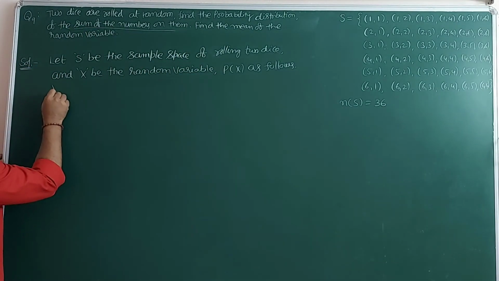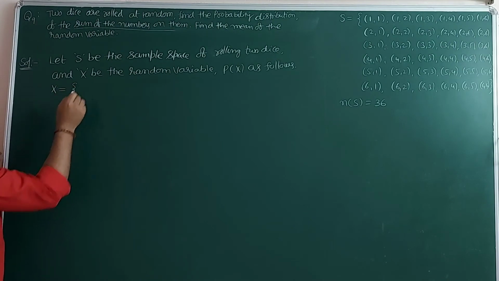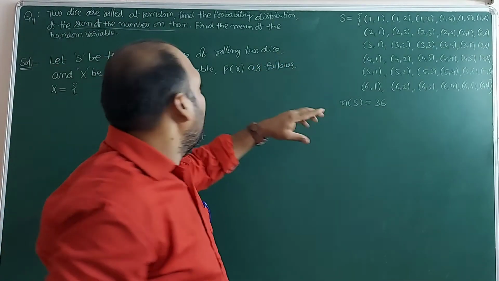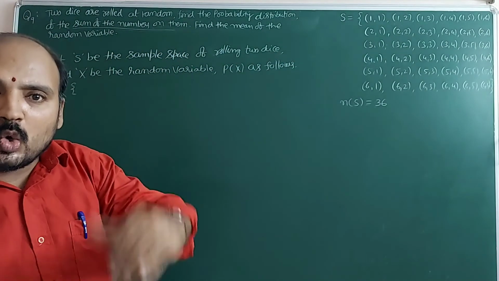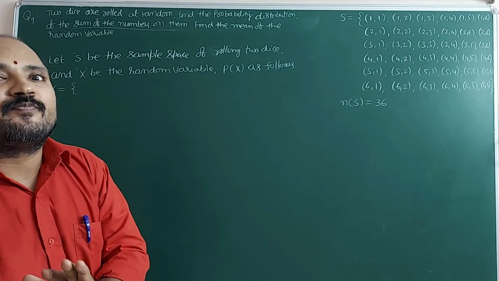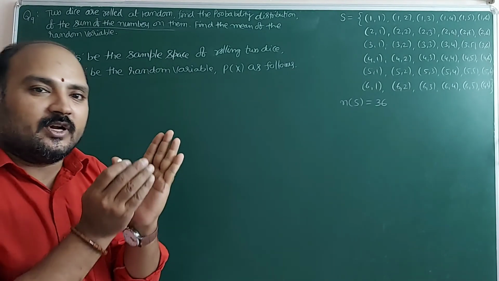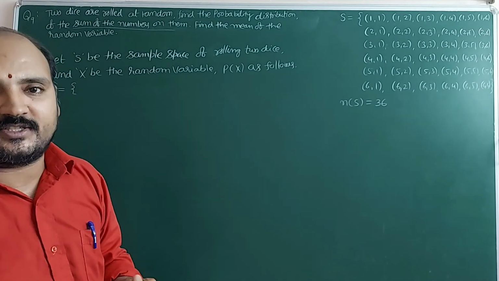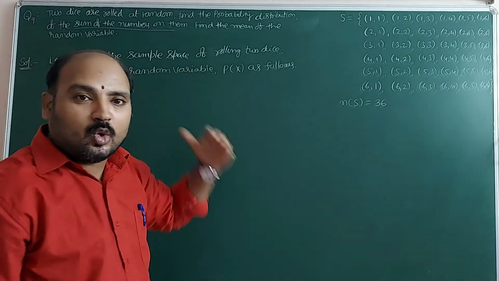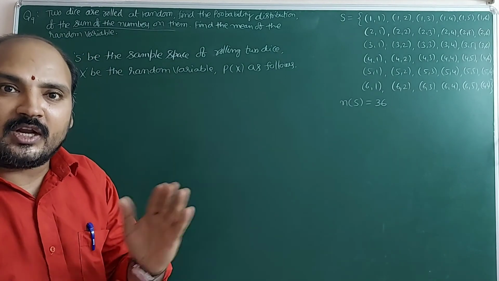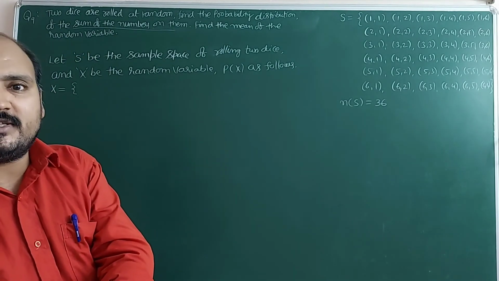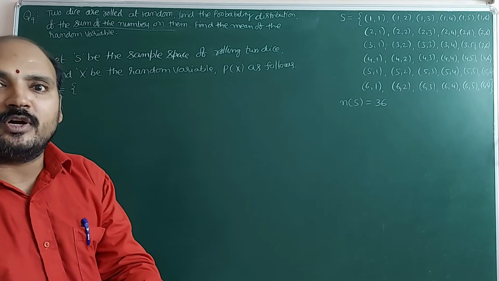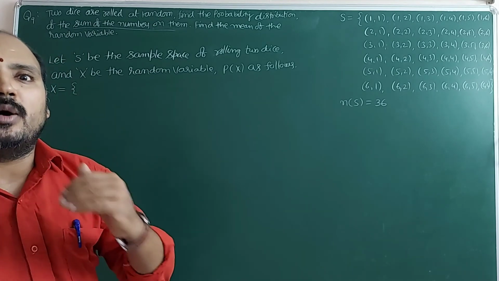So what is the random variable? The sum of the numbers. When 2 dice are rolled, what are the possibilities? One die throw means 6 possibilities: either 1 or 2 or 3 or 4 or 5 or 6. When 2 dice are rolled: 1 comma 1, 1 comma 2 and so on to 1 comma 6. 2 comma 1, 2 comma 2, 2 comma 3 and so on to 2 comma 6.